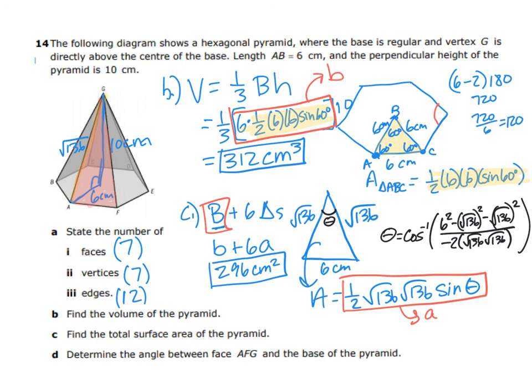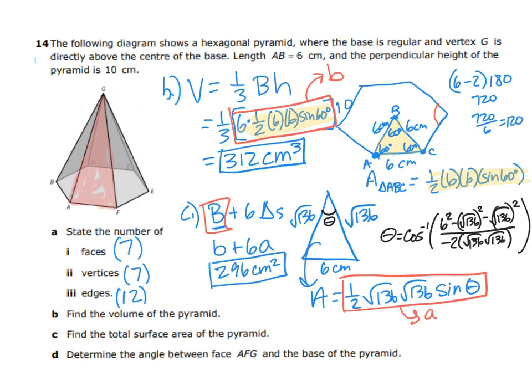Now, if that wasn't fun enough, let's do letter D, which says find the angle between face AFG, that's this red triangle, and the base of the pyramid. Let me erase this, and I'm going to re-highlight that red triangle.